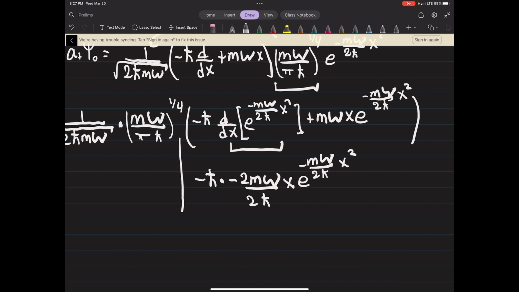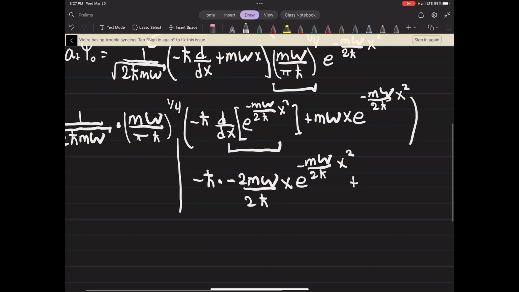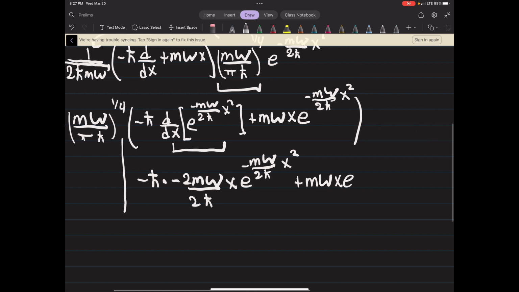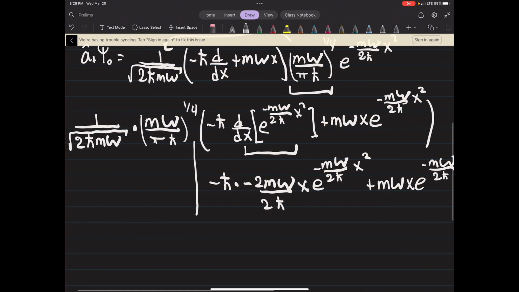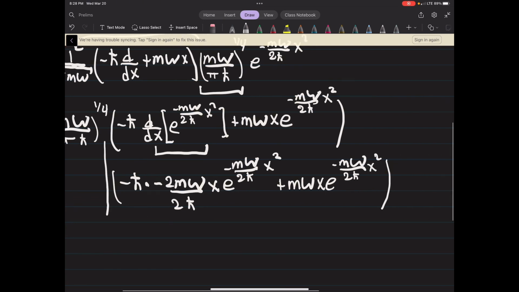That's just a pretty standard derivative, and plus m omega x e to the minus m omega divided by 2 h bar x squared. This is all times our constants out front.